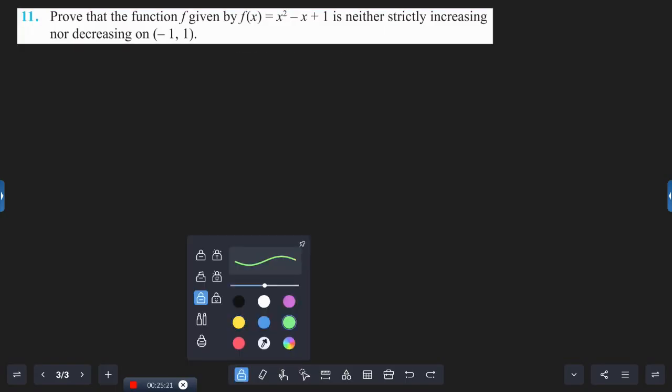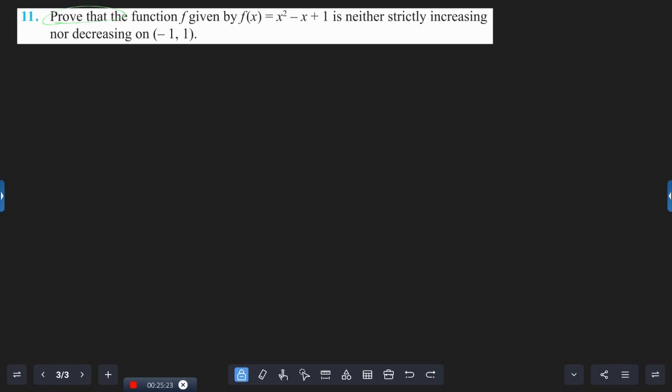Listen. Prove that the function f of x is neither strictly increasing nor decreasing on minus 1 comma 1. Here also the interval is given. So we have to show that it is neither increasing nor decreasing.